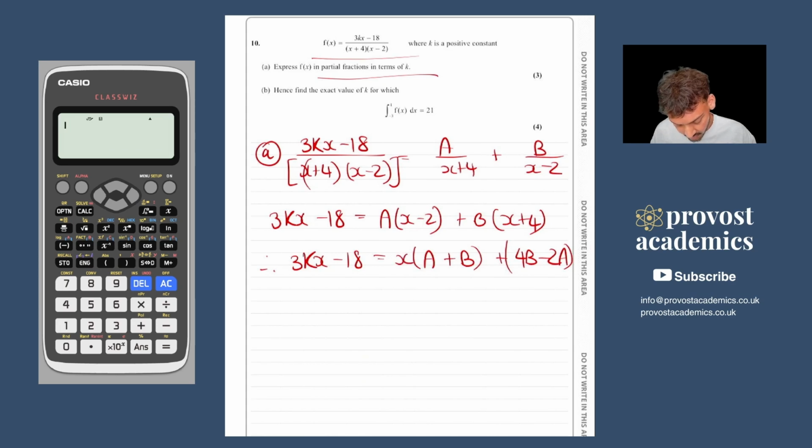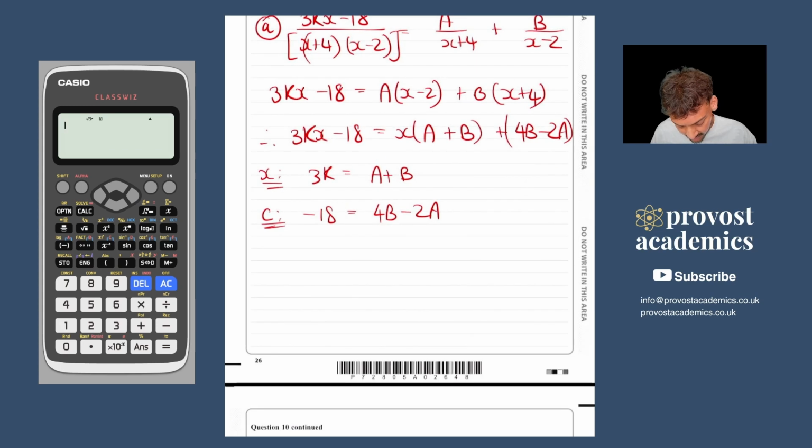So if I compare the x's now, I get 3k is equal to a plus b. And if you look at the constants, again, minus 18 equals 4b minus 2a. So what I could do is divide everything by 2 here. So again, minus 9 equals 2b minus a.